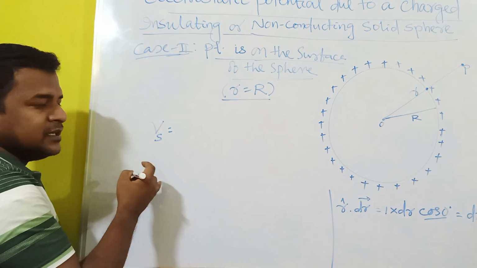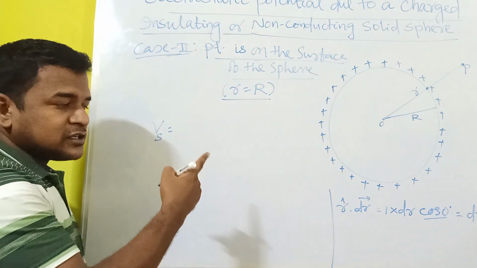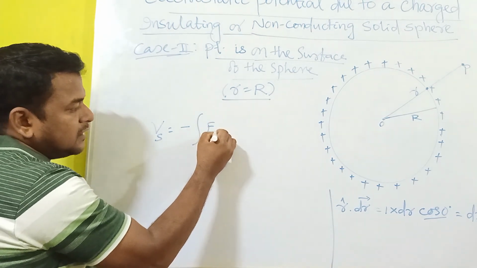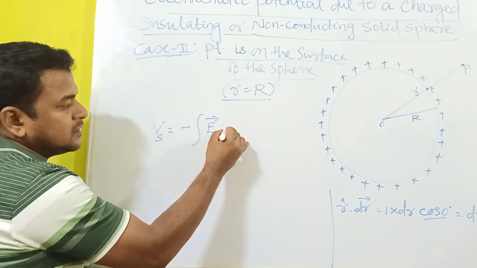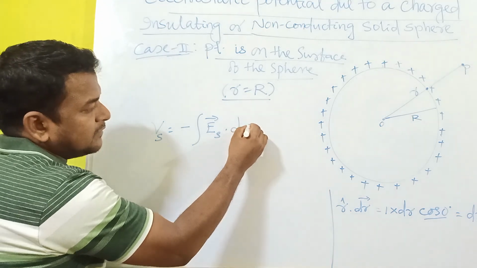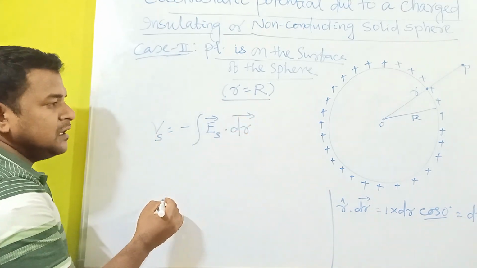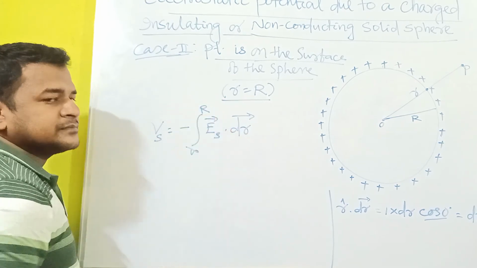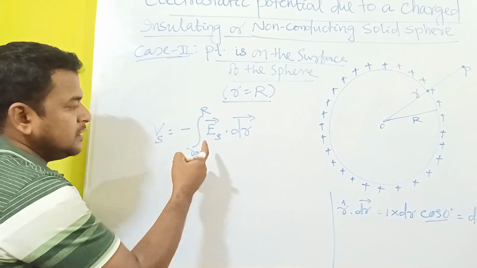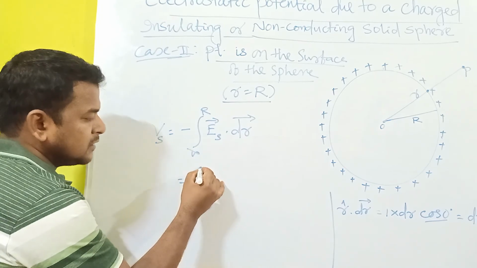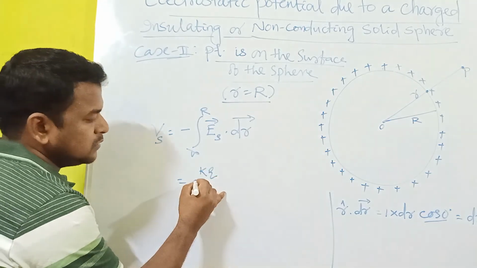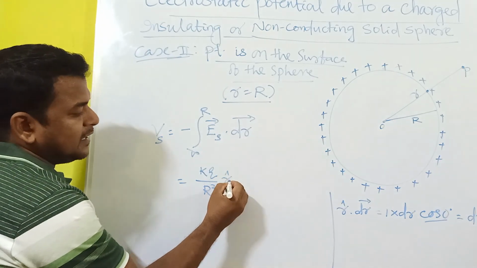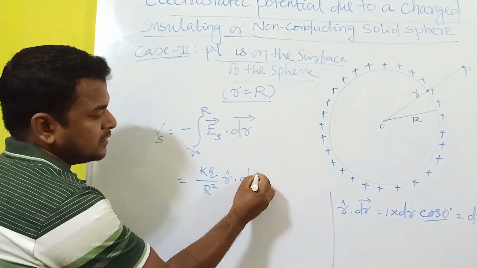By the definition, Vs, the potential on the surface, is the negative integral of Es dot dr vector, with limits infinity to capital R, where Es is kQ upon R square r cap dot dr vector.